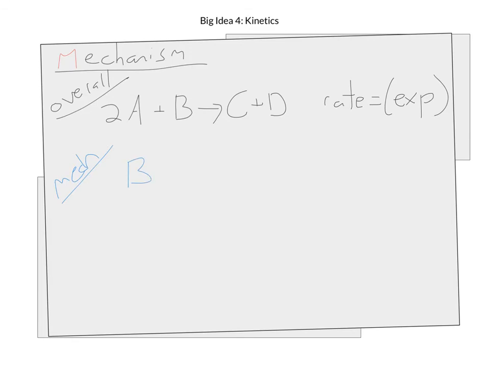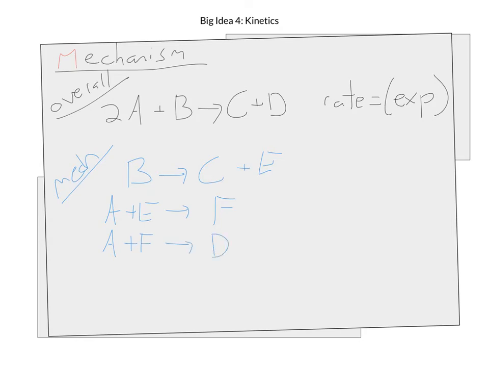So if we had said, okay, B maybe decomposes into C and E, and then A is going to combine with this E that we made in the first step to make F, and then another A is going to combine with that F to make a D.